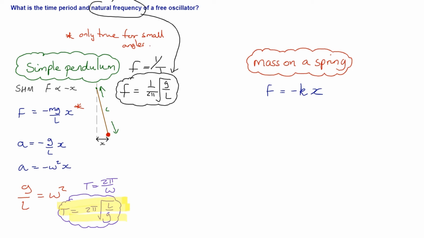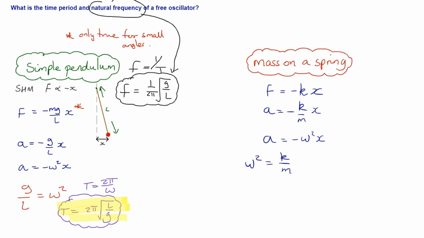We're going to say, okay, so the acceleration is going to be minus k over m x. And because it's a simple harmonic oscillator, then we know that a equals minus omega squared x. So we can just say, aha, okay, that means in this case, omega squared must be k over m. Yeah, has to be. So we can write that down: omega squared equals k over m.